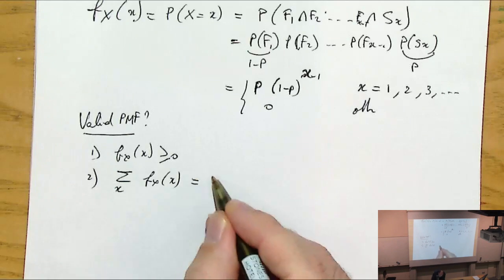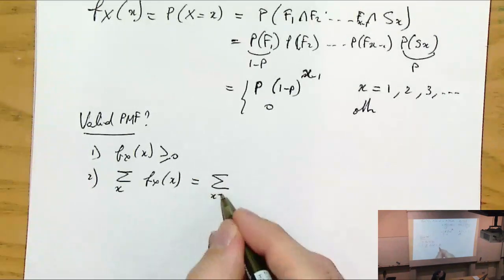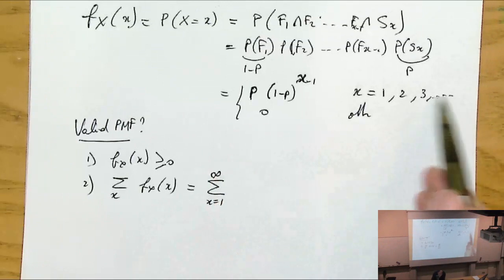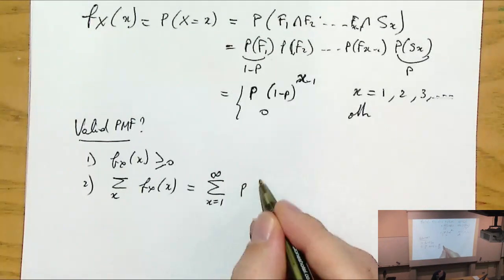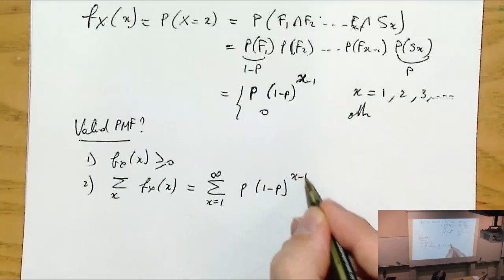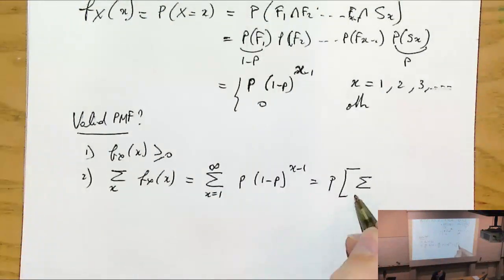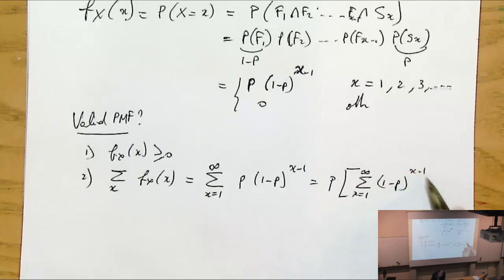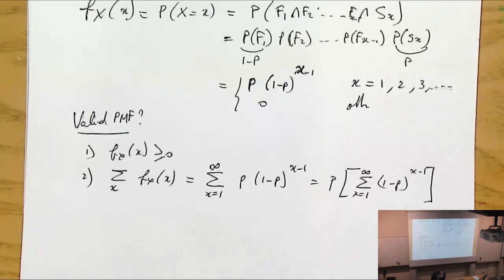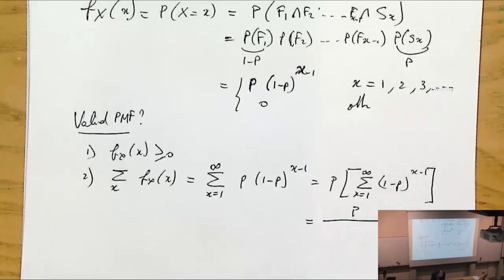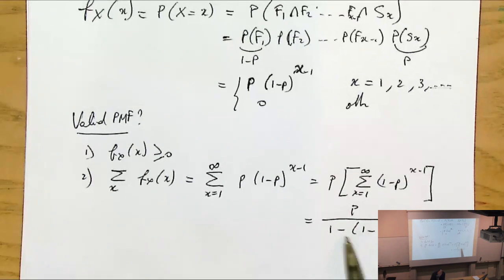And so you can compute the sum for x equal to 1 to infinity, you can have many trials, of p (1 minus p) to the x minus 1. Essentially, this is p multiplied by a sum from x minus 1 to infinity of (1 minus p) to the x minus 1. This is something that is called a geometric series, and this is maybe something that you have seen in other math courses, but essentially this quantity is equal to 1 divided by this.